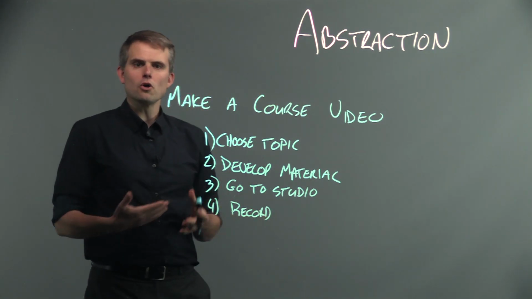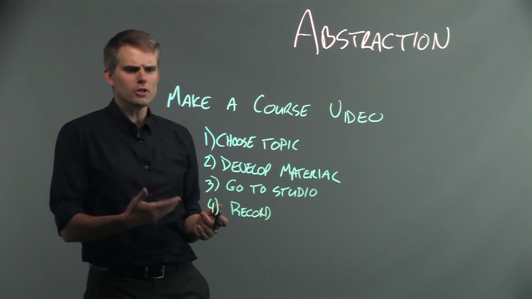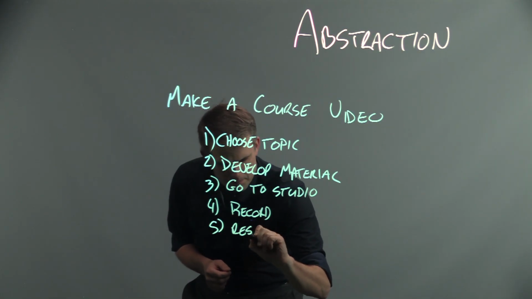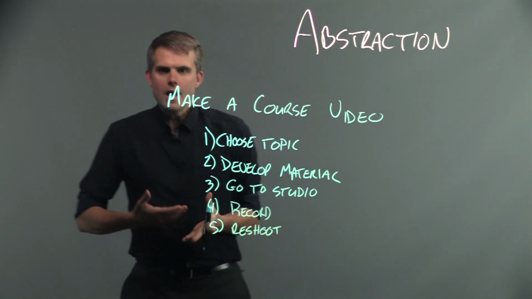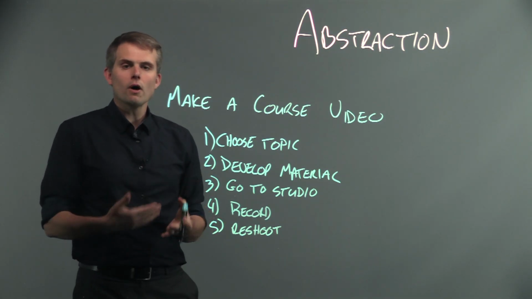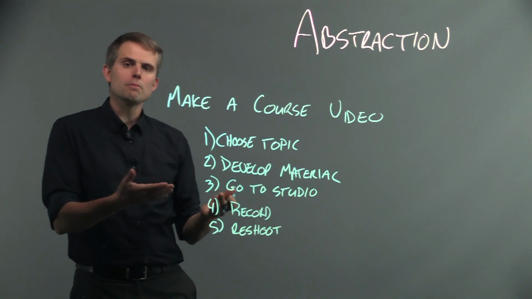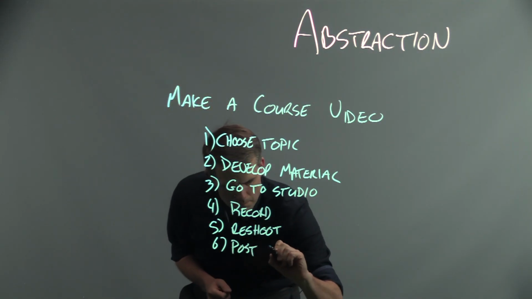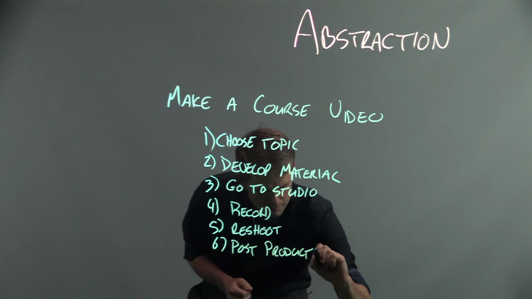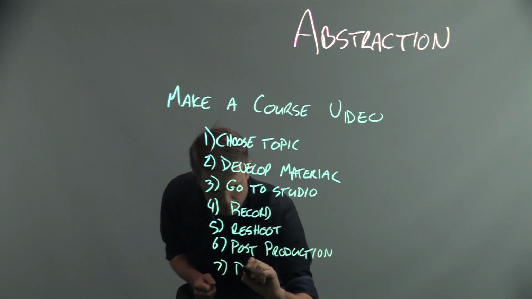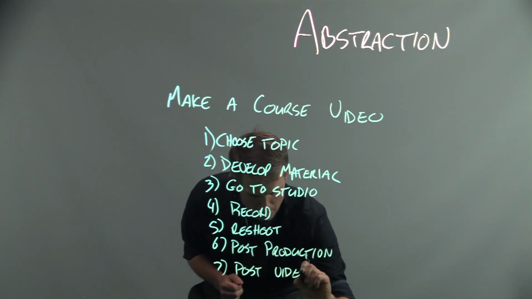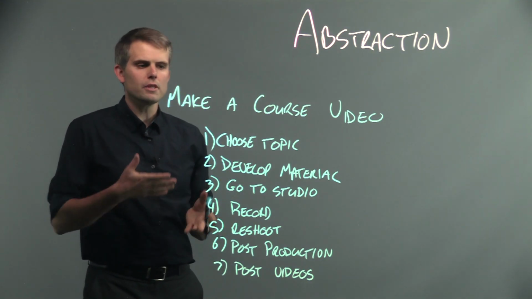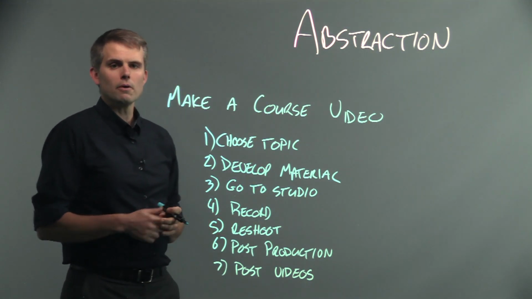And I'm sure, as you've noticed, we make mistakes sometimes, so there's a lot of reshoots that are involved, so we have to do those too. And then once we have all of our raw video, we need to do post-production, and then we need to post those videos online. Right, so these are 7 concrete steps that are involved in the process of making a course video.